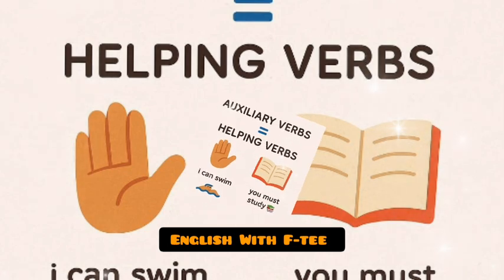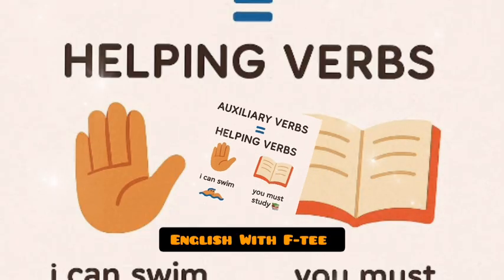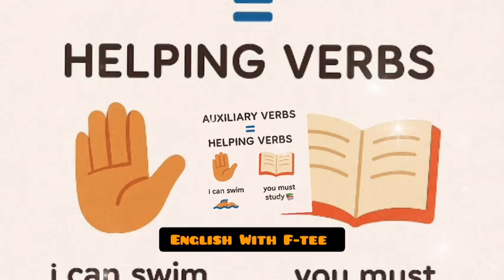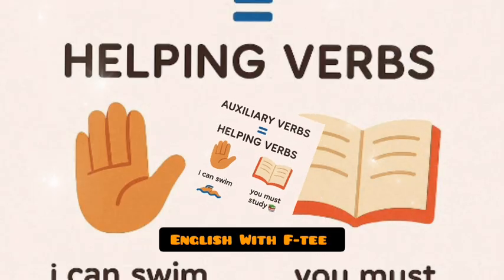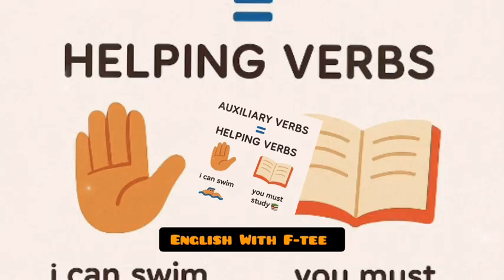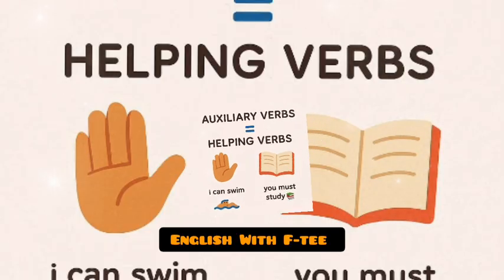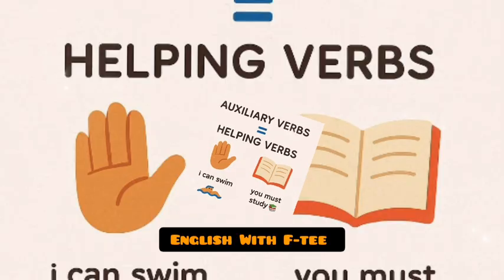In other words, they are verbs used in forming tenses, voice, mood, and so on. So let's see some examples using helping verbs. Like for example, I am playing. It will come.